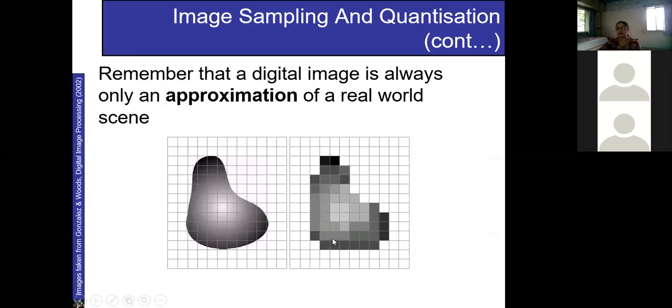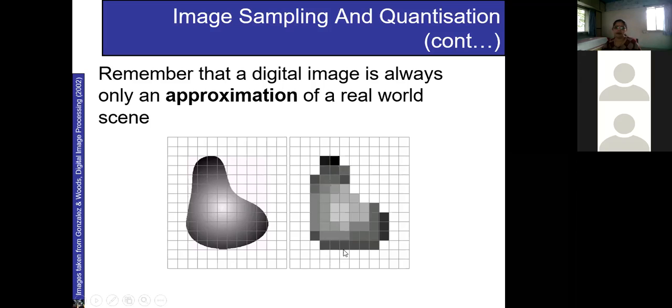Because of the sampling of x coordinate and y coordinate, we are observing this image as boxes. It has some blocky nature because of sampling. But here, in order to understand the concept of sampling and quantization, a large box size is used.